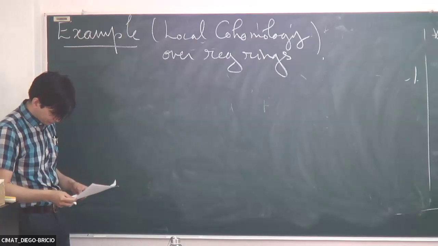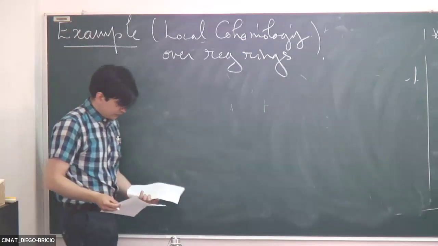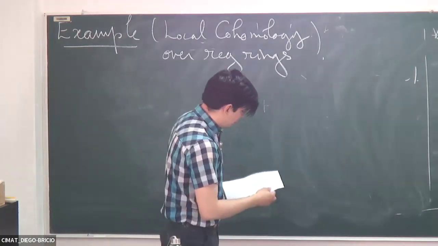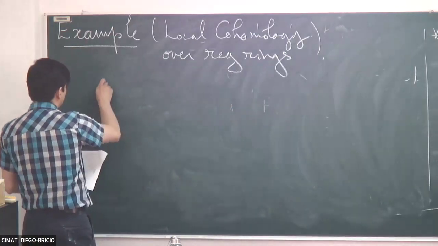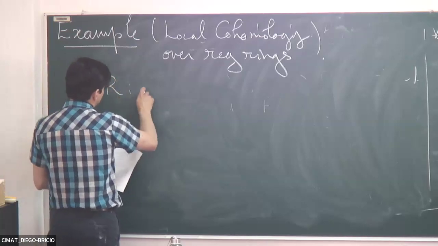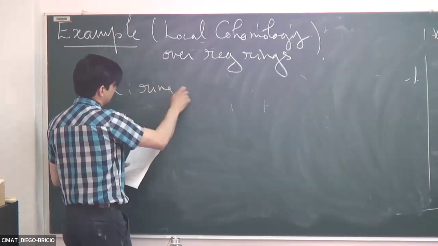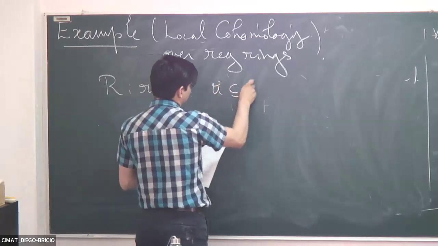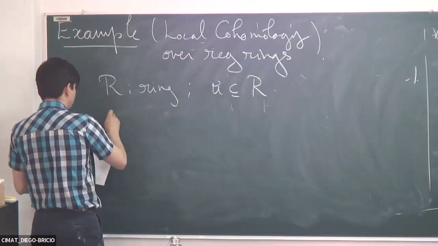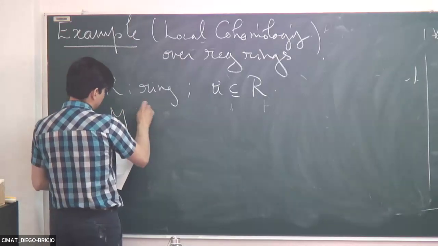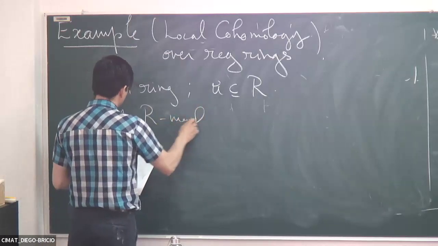Let's see, well, so this is the deal. You remember, okay, let's take R, but for now we can just take it to be a ring, and we can take an ideal. And so we can even take a module N, right? So an R module.